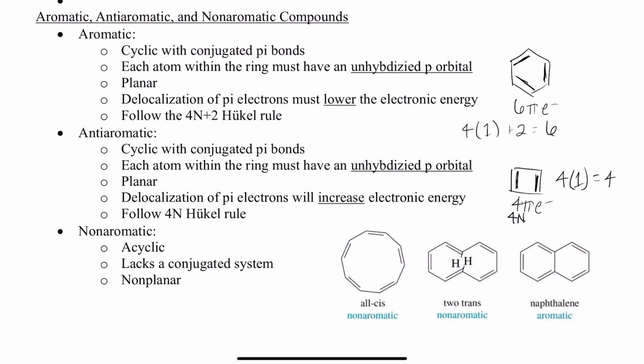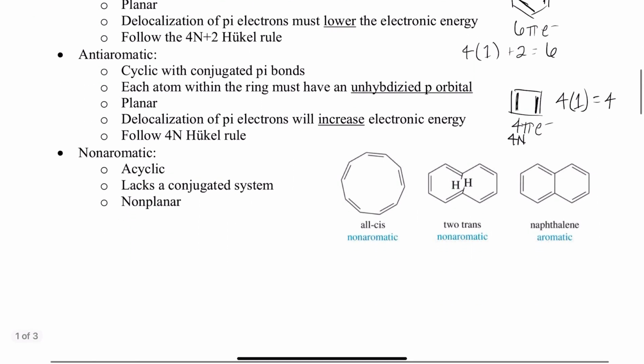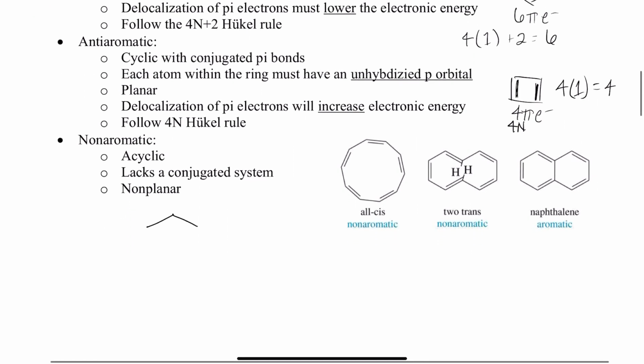If they lack just one of these components, they are non-aromatic. So, for example, if we look at cyclohexene, this is a cyclic structure. However, because it lacks a conjugated system, automatically this is going to be non-aromatic.